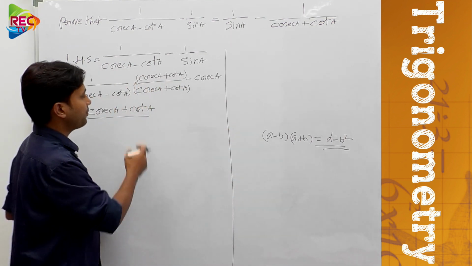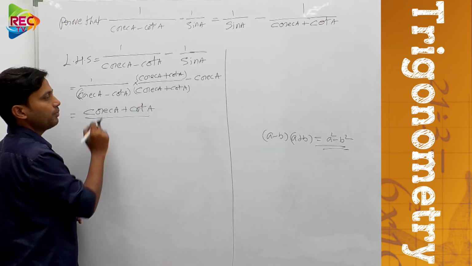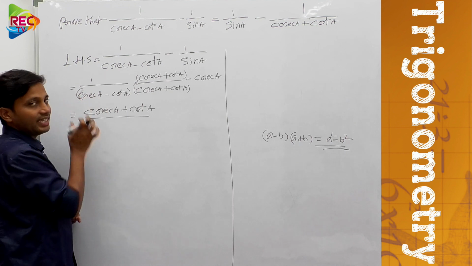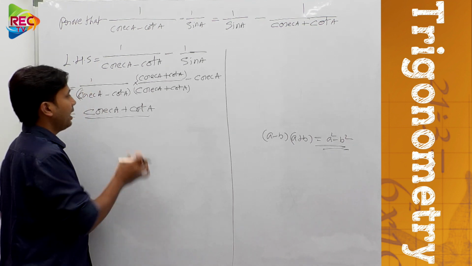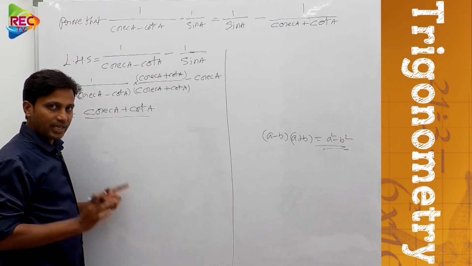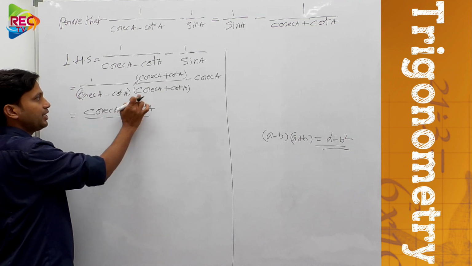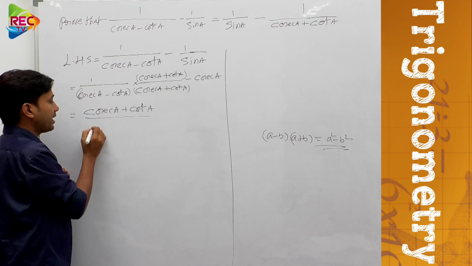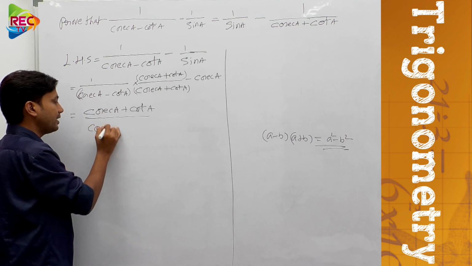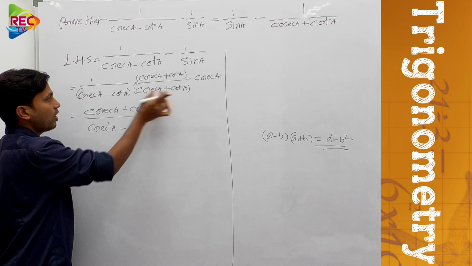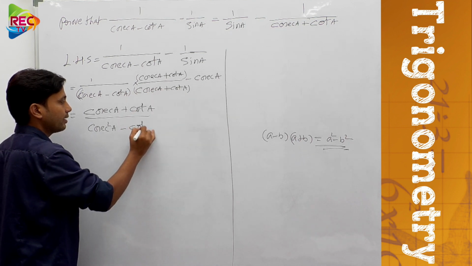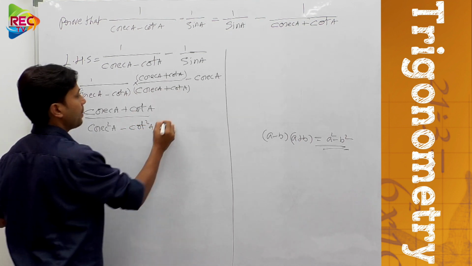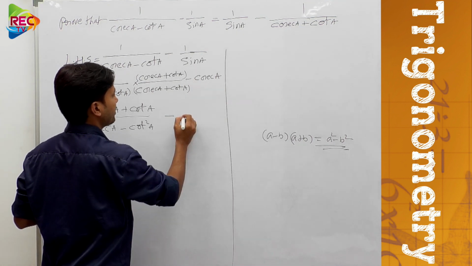In the same format, here cosecant A is considered to be A and cot A is considered to be B, then A minus B into A plus B would be A square minus B square. So it is cosecant square A minus cot square A, minus cosecant A.